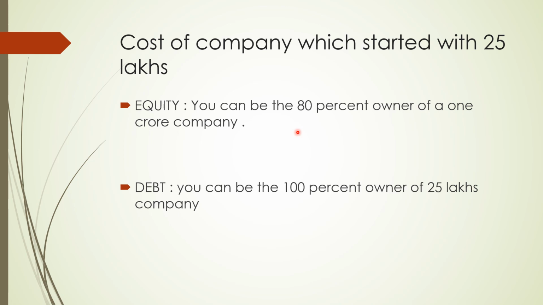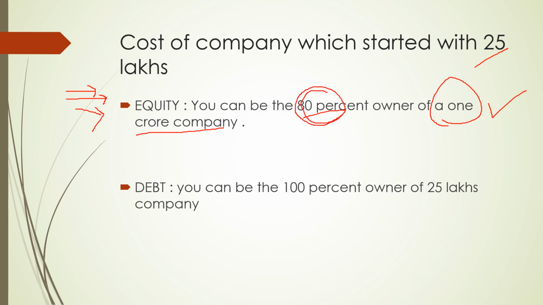So it is possible that you remain just an 80% owner of the venture which has grown from 25 lakhs to a 1 crore company, because more and more influx of funds was happening, the business was flourishing, you were ready to share your equity, and this is how the business grew up to a 1 crore company. But you are not 100% owner, you are just 80% owner of the venture.